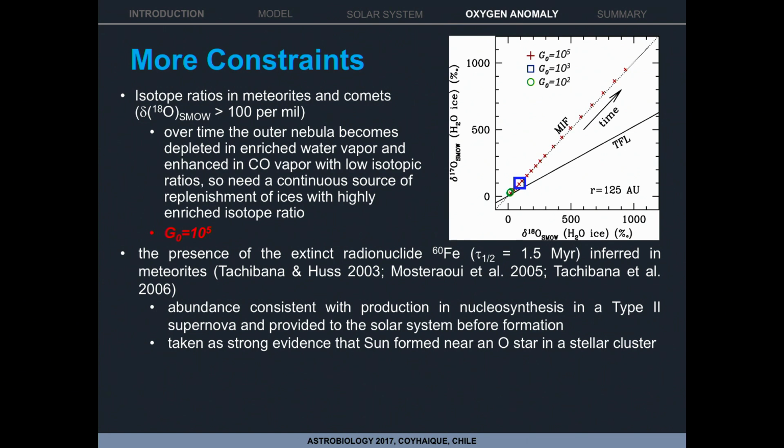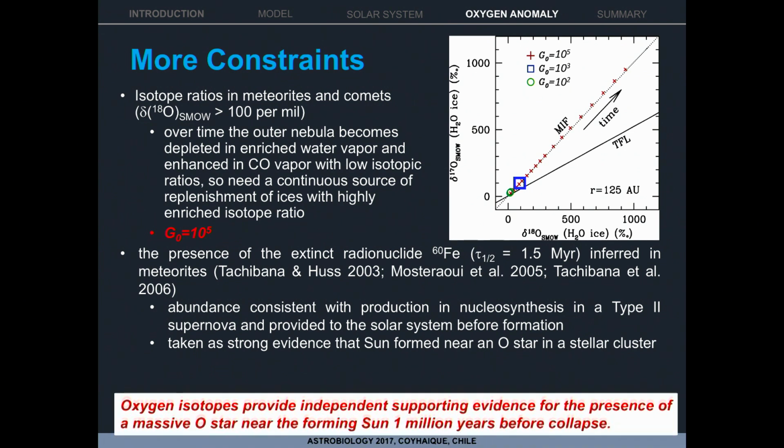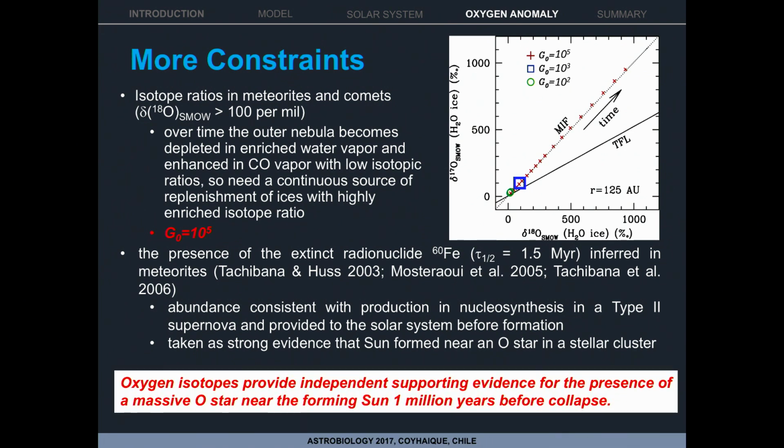Therefore, we suggest oxygen isotopes provide independent supporting evidence for the presence of a massive O-star near the forming sun 1 million years before collapse. This is my conclusion.